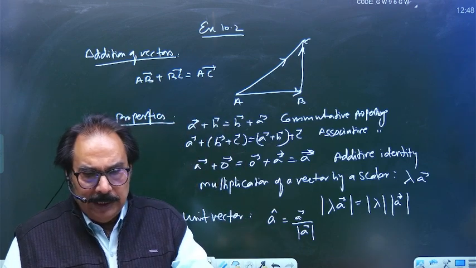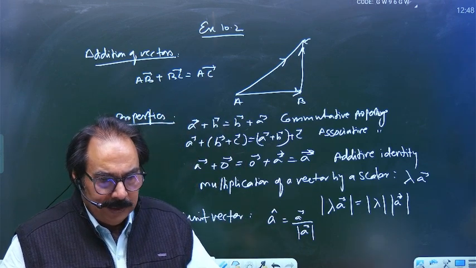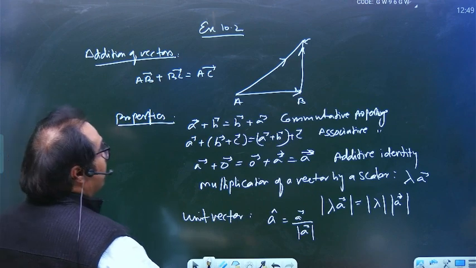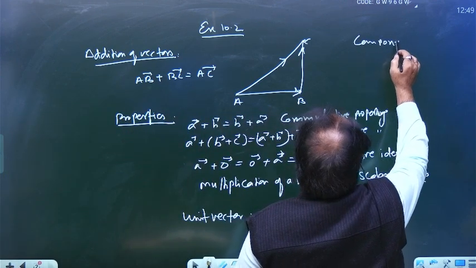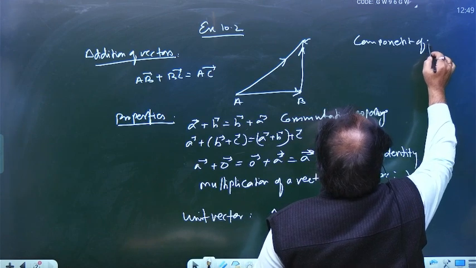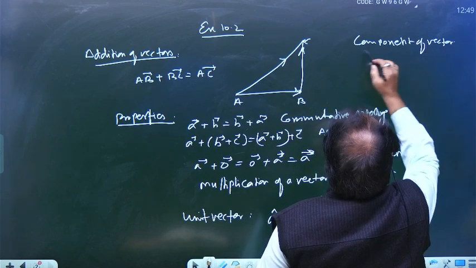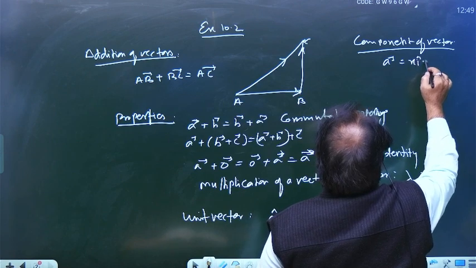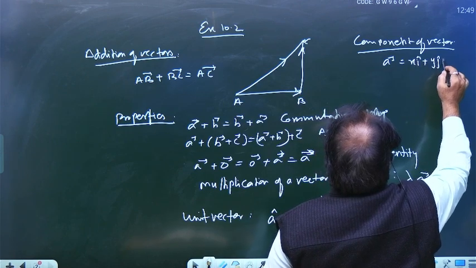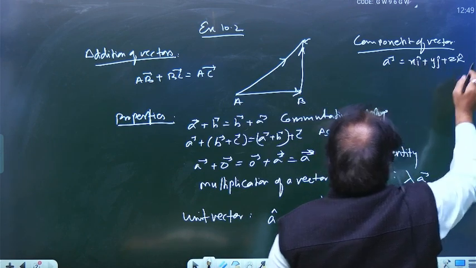Now the next point is components of vectors. Suppose the vector A is x i cap plus y j cap plus z k cap. This is any vector.